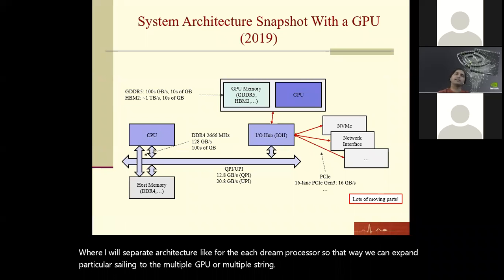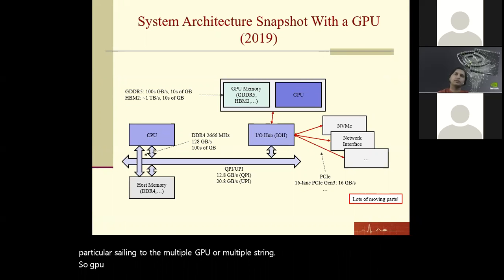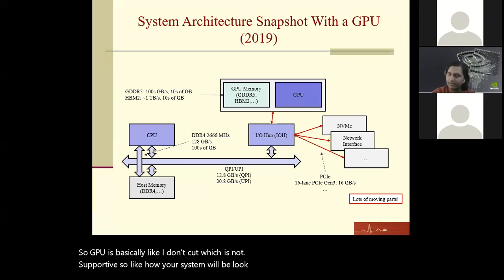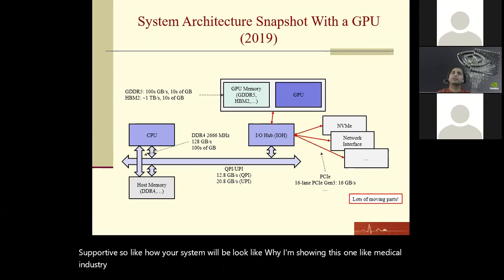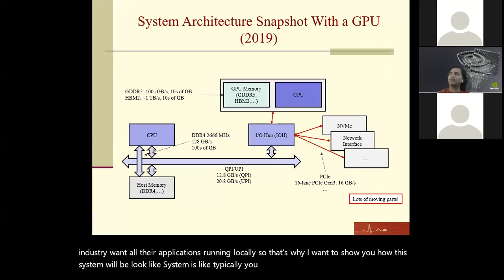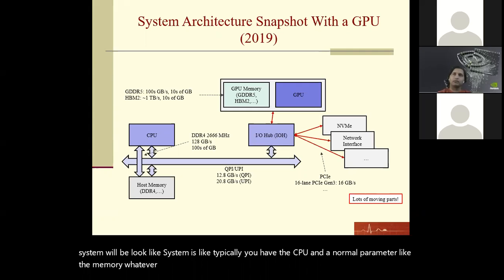So a GPU is basically an add-on card. So how will your system look? Why I am showing this: the medical industry wants all their applications running locally. So that's why I want to show you how this system will look. Typically you have the CPU and the normal components like the memory, whatever 20 GB of RAM you are going to use, and then a hard drive, on a dedicated PCI bus.